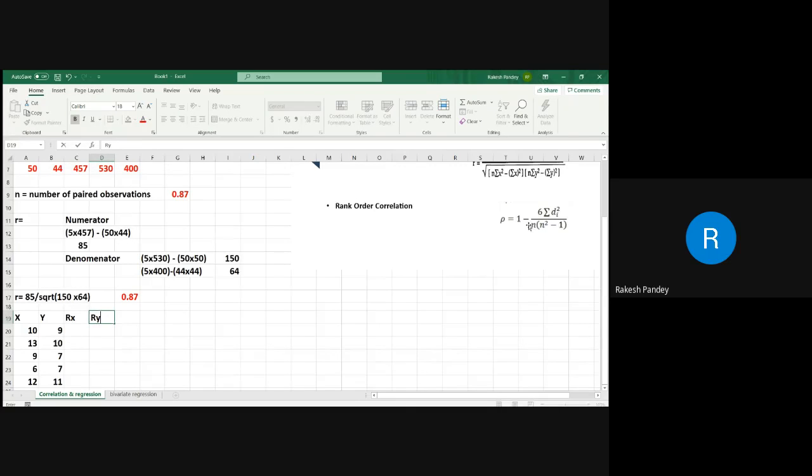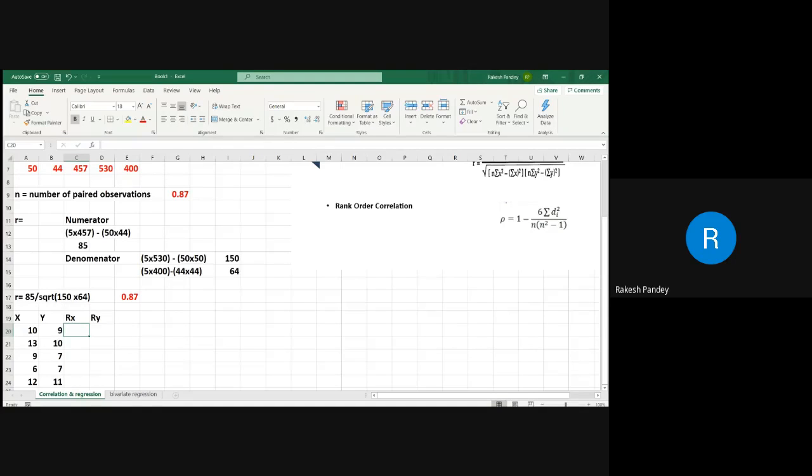But sometimes in examinations, the raw scores are given and the examiner asks to compute rank order correlation, or Spearman's correlation. Then we will have to rank the x and y series, but do not sort it. We have to do the ranking in this position itself. We will not change the position of the score.